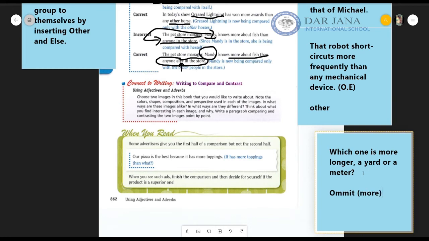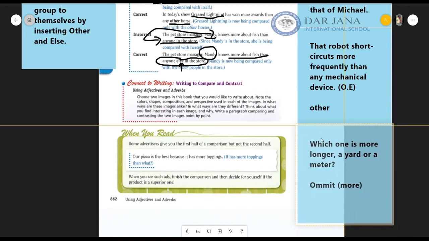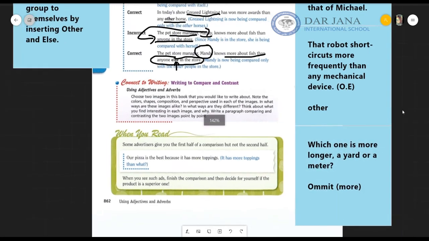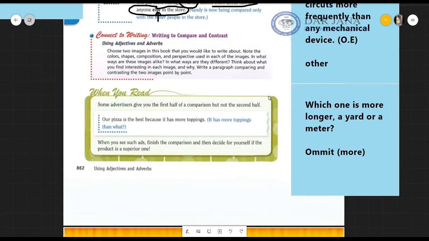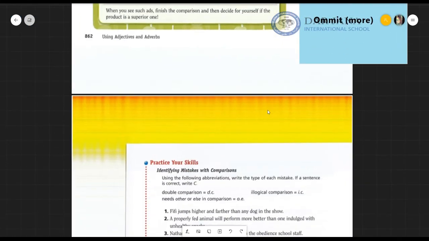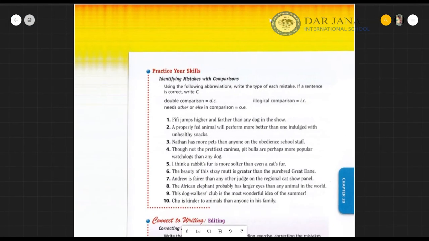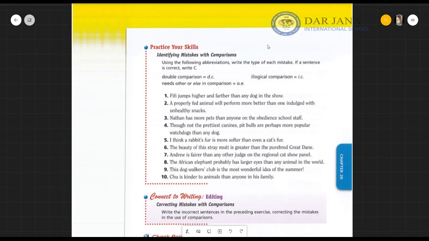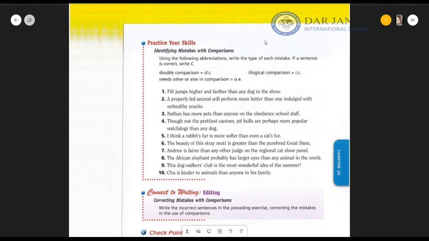So the sentence would be correct. Okay, so these are three different examples of the three different incorrect comparisons that we might encounter. So practice your skills. We're going to use the abbreviations DC for double comparison, IC for illogical comparison, and OE for needing other or else in comparison to solve the following practice.